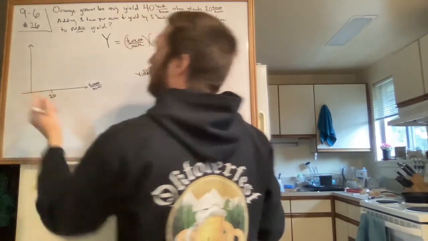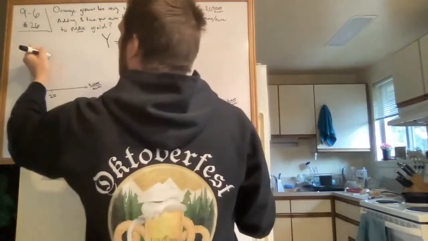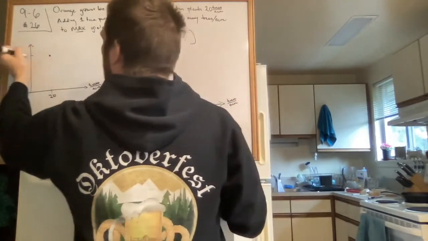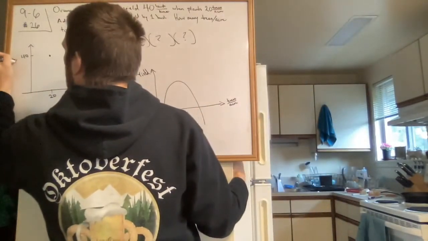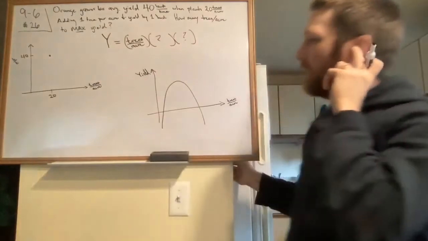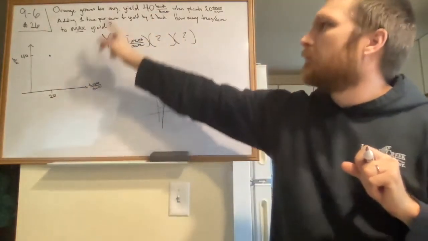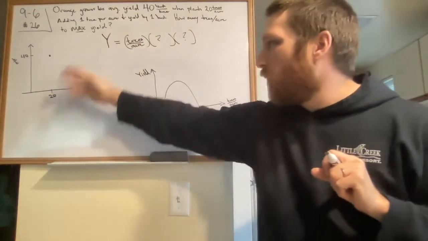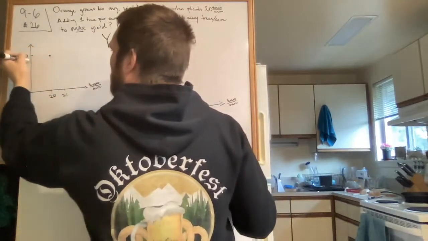When I plug in 20 trees per acre, my yield, my output, it says is 40 bushels per tree. I'll just go B or T like that. And it says every time I add 1 tree per acre, so when I'm at 21, I've decreased down to 39.